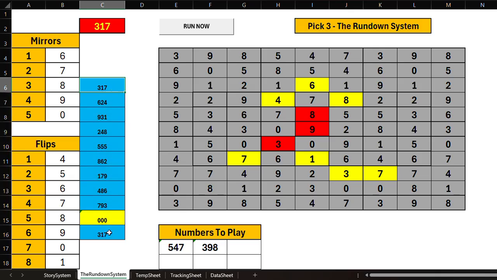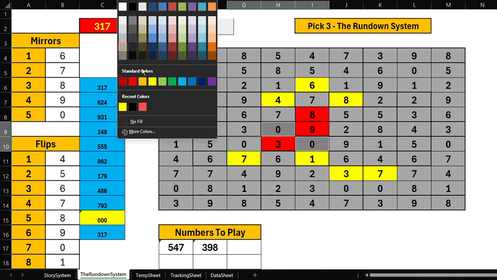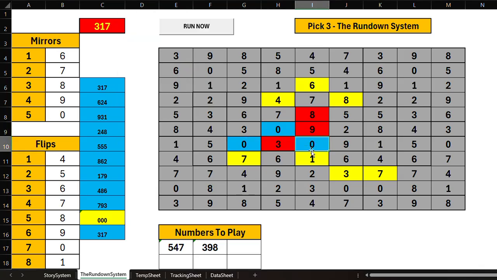Because if you would have played 317, it would have gone to zeros, right? But look at this, all the zeros are right here. See, these are all the zeros. 3, 9, 8, 4, 6, 8. So it's like a box between it. 397. The 624 is below.